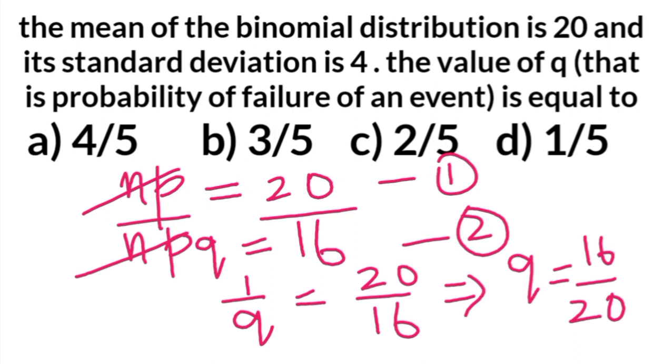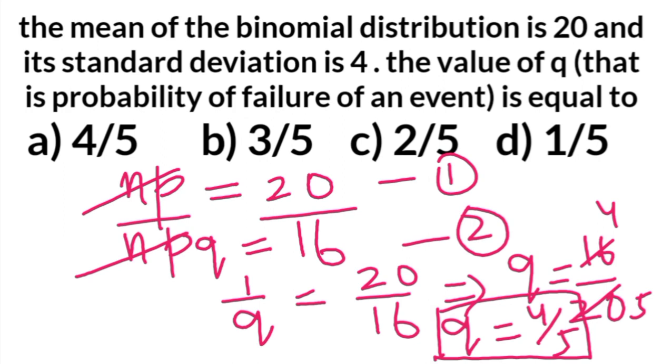That means q is equal to 4 by 5, since 4 4s are 16, 4 5s are 20. That is the probability of failure which we were supposed to find out. That means option A, 4 by 5, is correct.